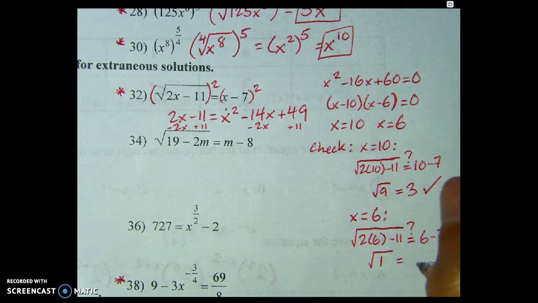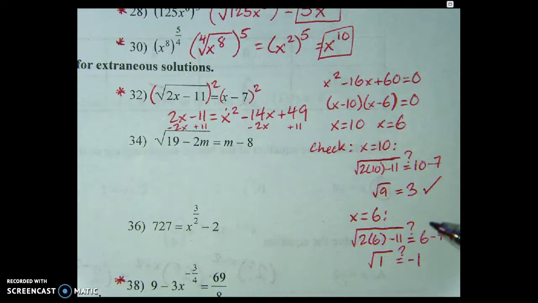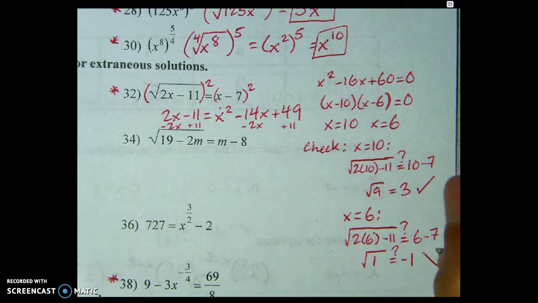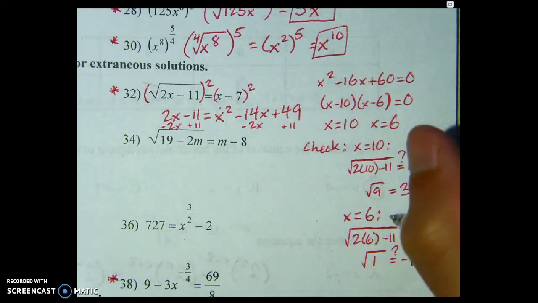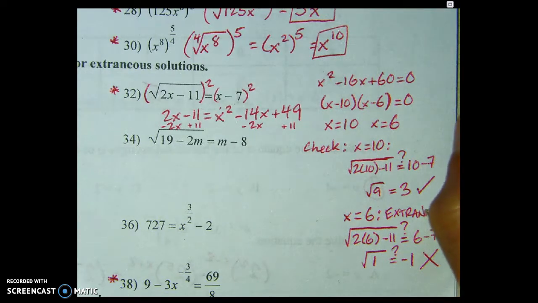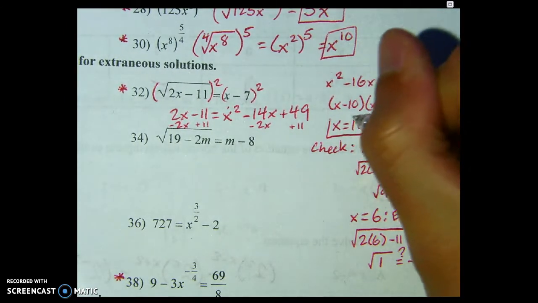And is that equal to negative 1? That's a big question mark, right? Because the square root of 1 is actually just positive 1, but positive 1 is certainly not equal to negative 1. So really, x equals 6 is extraneous. Okay, x equals 6 is extraneous, so really the only solution that works is x equals 10.